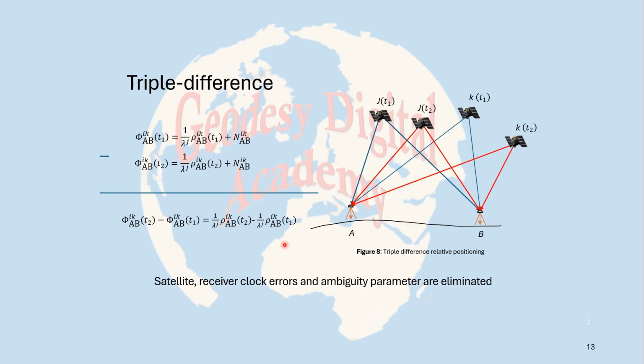So this is less precise. The ambiguity parameter is not an error to eliminate; it's part of the signal. Therefore, triple difference is a good method for determining the approximate coordinates for the unknown point B, for example, or for determining the approximate value for ambiguity parameters.